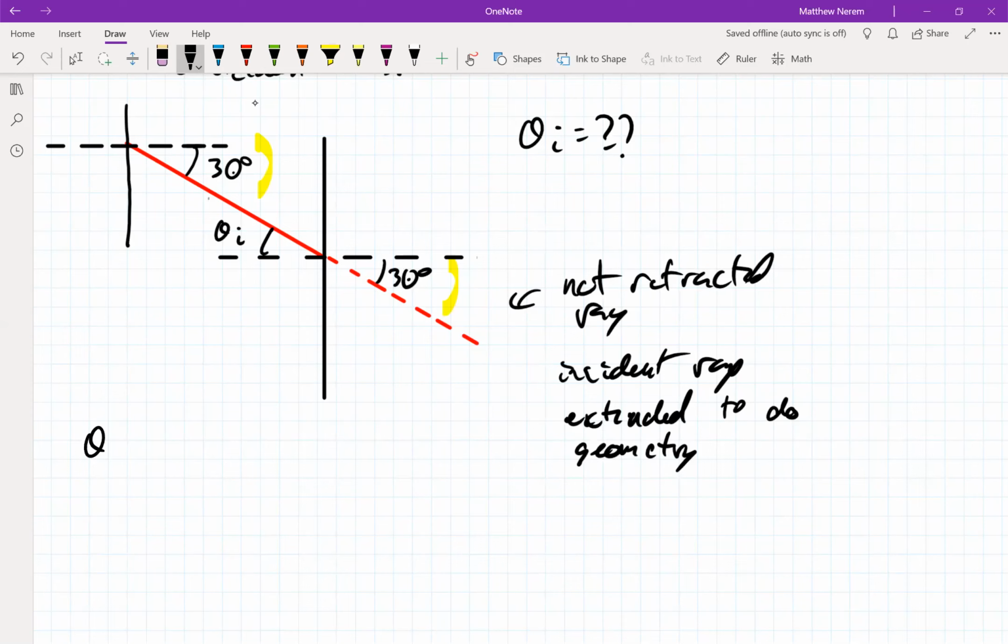So we've used our geometry arguments to say that the incident angle at this n2, n3 boundary is still 30 degrees. All right. So let's scroll back up.